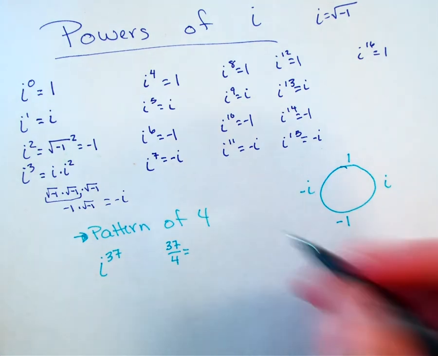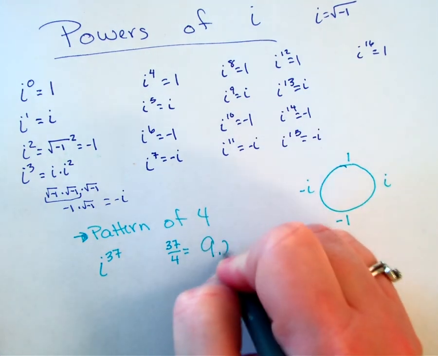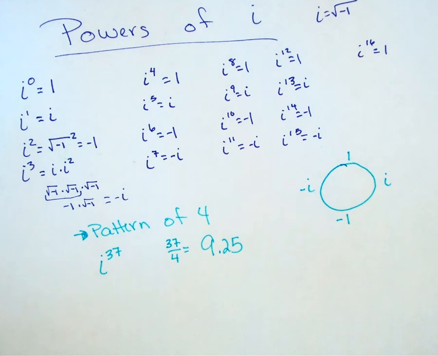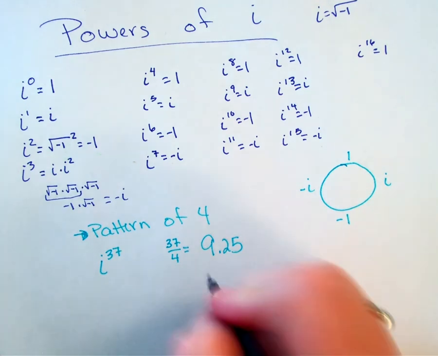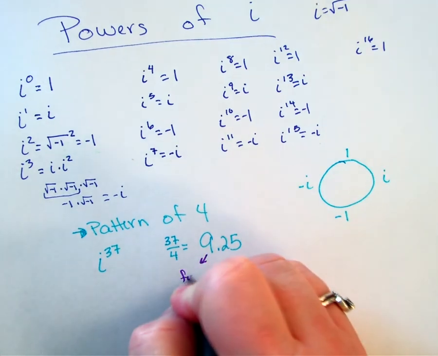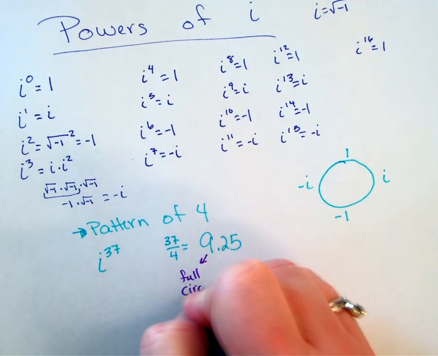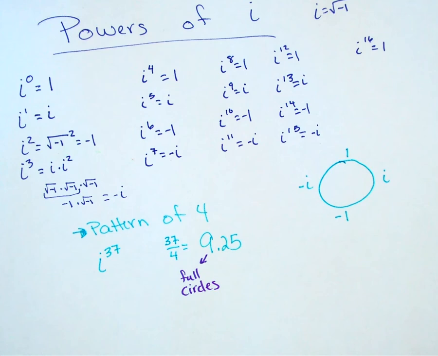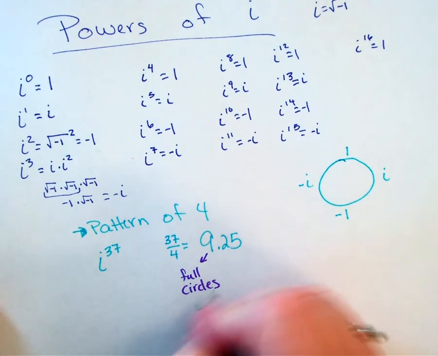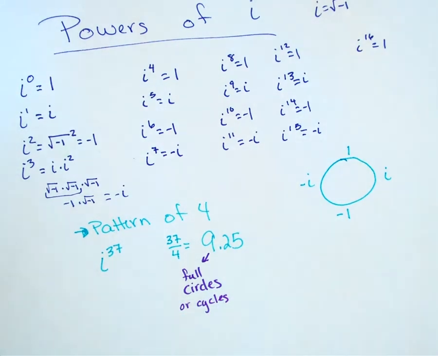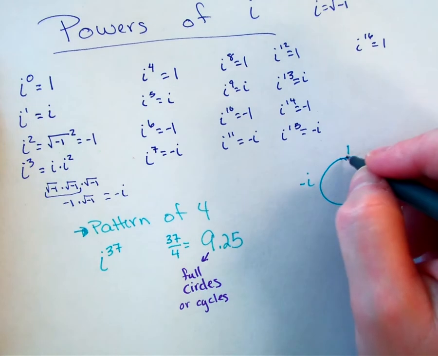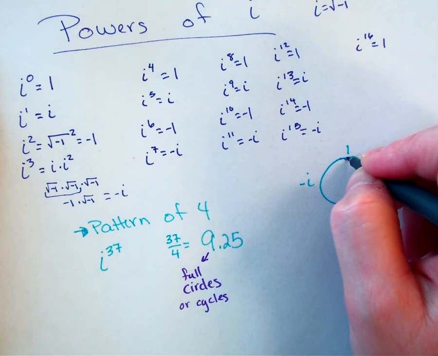So when I divide that by 4, I get 9.25. So here's what that means. It's going to complete 9 full circles or cycles, whichever way you want to call it. So that means it starts up here at the top, because our clock always starts at the top. That's where 12 o'clock is.